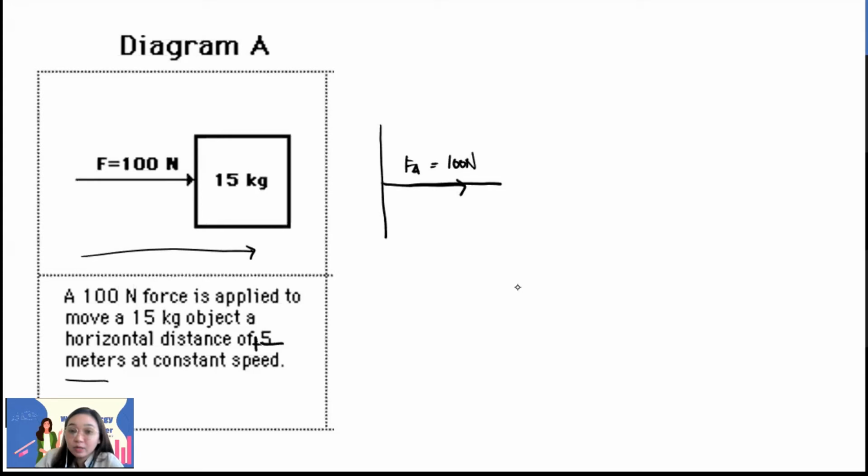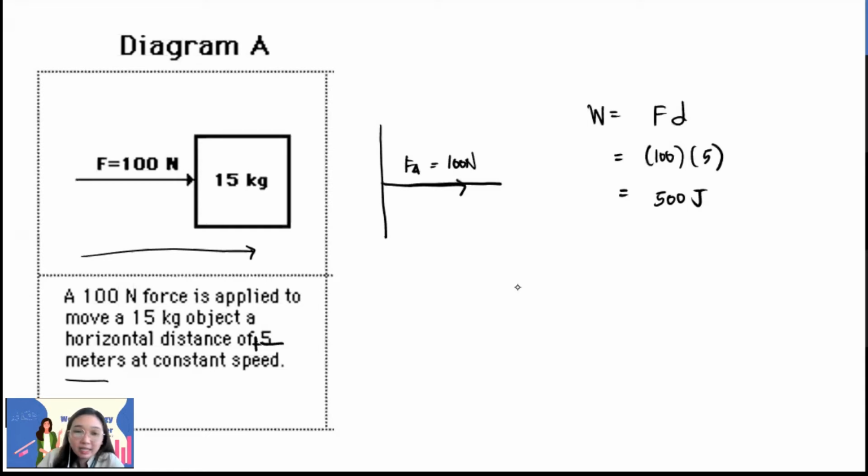So, what is the work done? Use the equation F times D. Since cosine 0, hindi naman siya naka-inclined. Cosine 0 is 1. So, cancel na natin yung cosine. So, F is equals to 100. The displacement would be 5. So, the work done here is 500 joules. Nakuha po ba, mga kapatid?